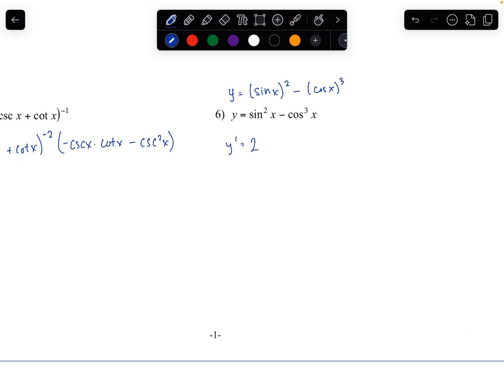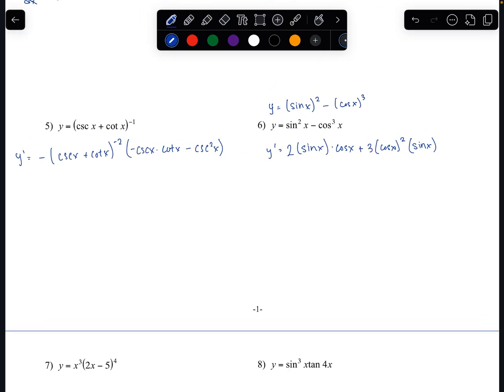So it's going to be 2 times by sine of x. Now I'm going to go inside the parentheses and take the derivative of sine, so times by cosine of x, minus 3 cosine of x squared, and I'm going to go inside and multiply by the derivative of cosine, which would be negative sine, so I'm just going to make that positive right there, and do sine of x right there. And that's all I'm going to do for that.